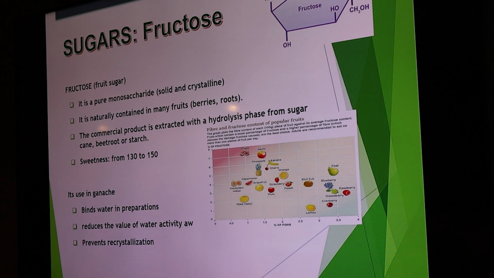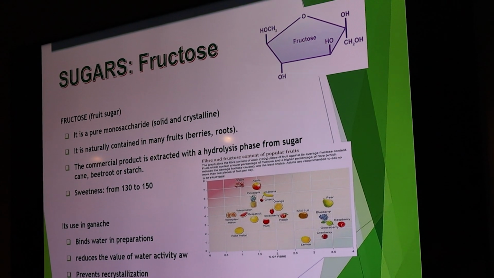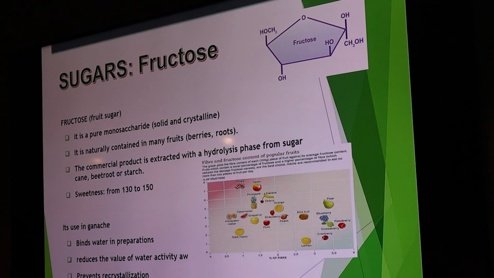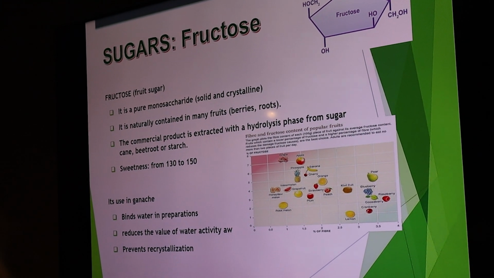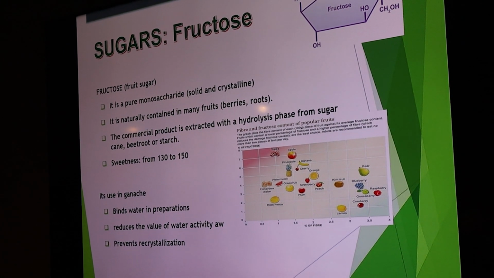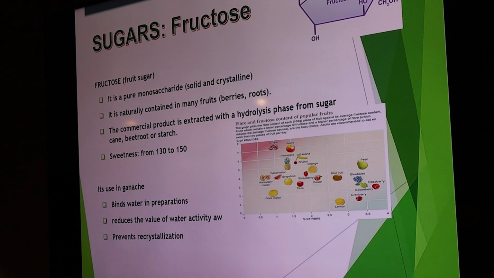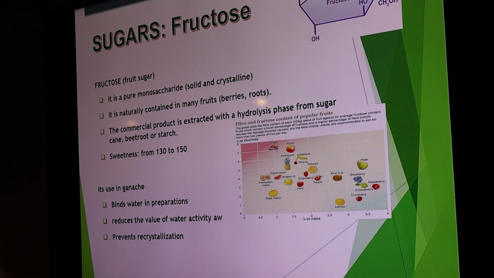Like dextrose, we also have fructose, which is coming from all the fruit and the berries. The thing with fructose is that it has quite a high sweetness point. It's very sweet. So we want to avoid, not avoid, but we want to lower the amount of fructose in ganache, because it is quite heavy in the sweetness point.